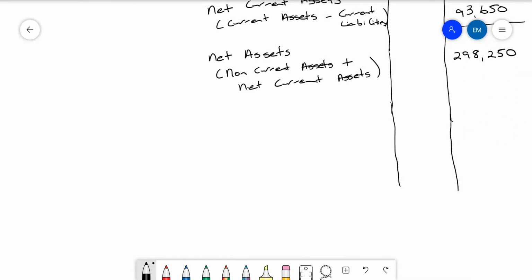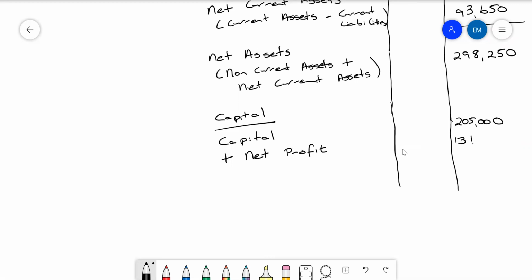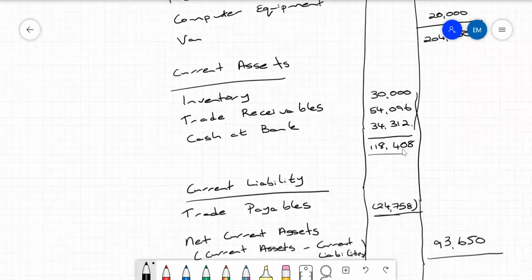So the next heading on our statement of financial position is the capital section. So we have our capital of €205,000 straight from our trial balance. We have plus our net profit of €131,250, which is coming from our income statement above.